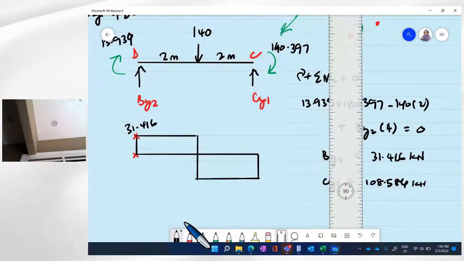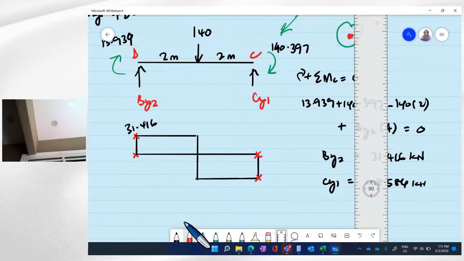Okay, this will be the last value. So this is positive and it is negative.